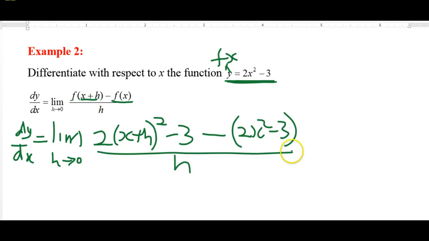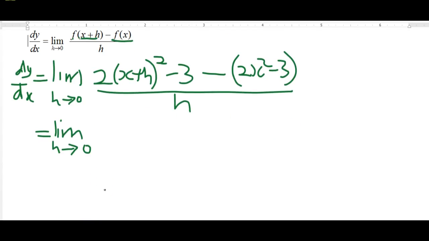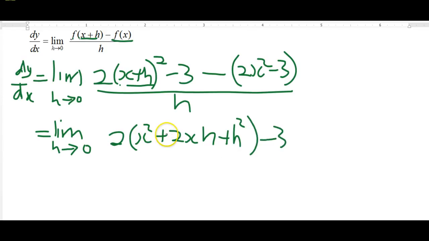And so this is equal to the limit as h approaches 0. The moment you stop writing limit means you are concluding. So the limit must always be there. Don't leave it out. If you leave it out, it's wrong. So we expand this. So we have 2 into bracket. When you expand this one alone, we are going to get x squared plus 2xh plus h squared, minus 3.